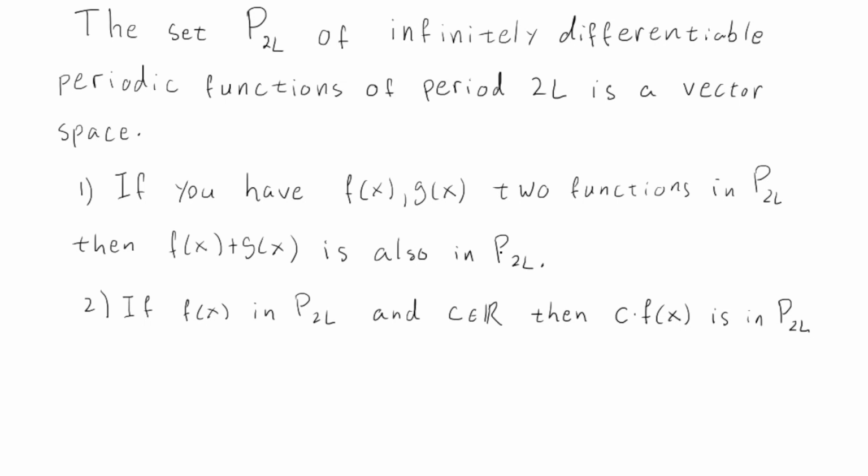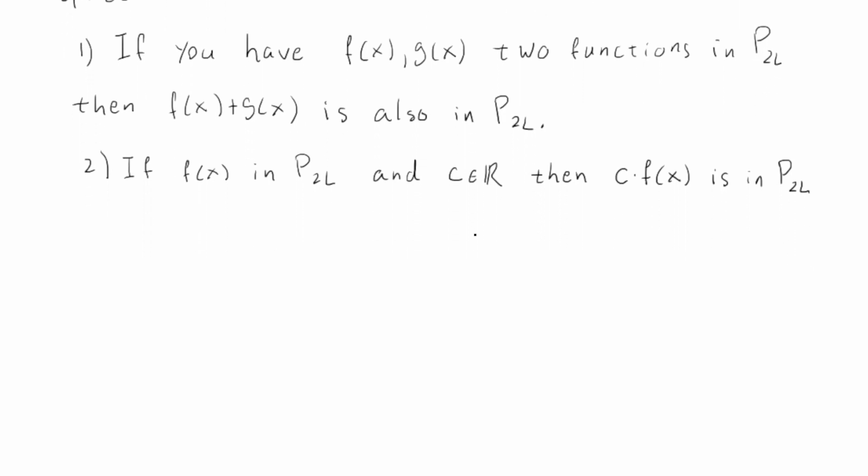Instead of calling it a dot product, we usually call it an inner product. We reserve dot product for the famous one in Rn. So P2L has an inner product, so you can think of it as a dot product.